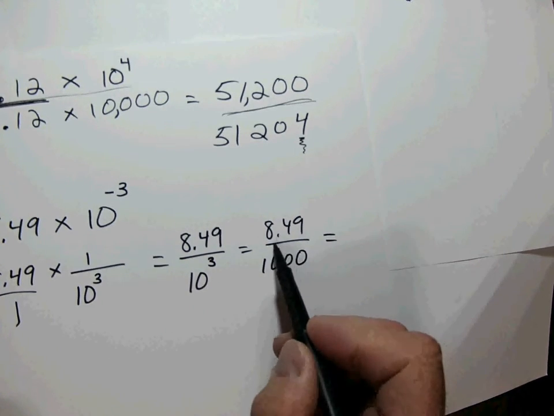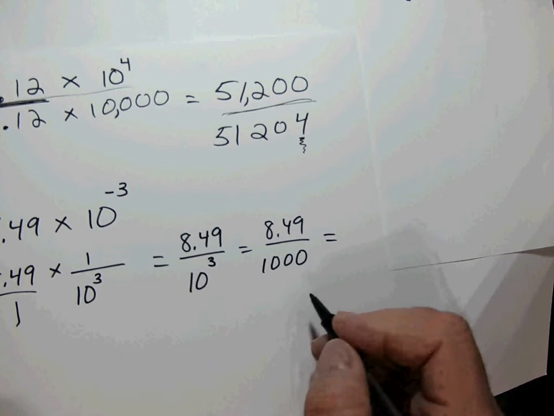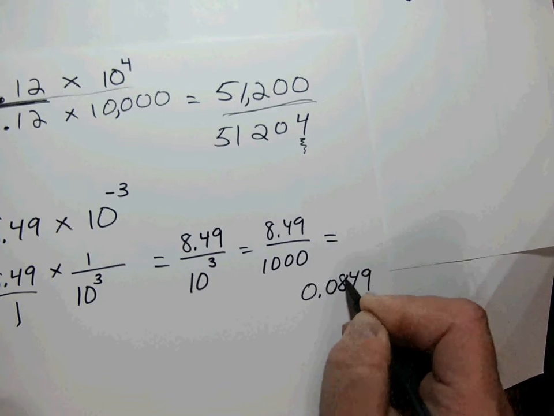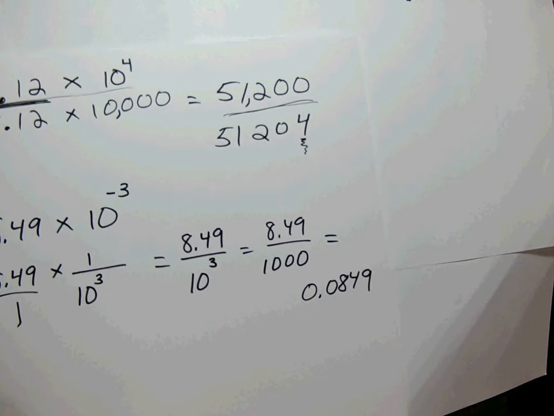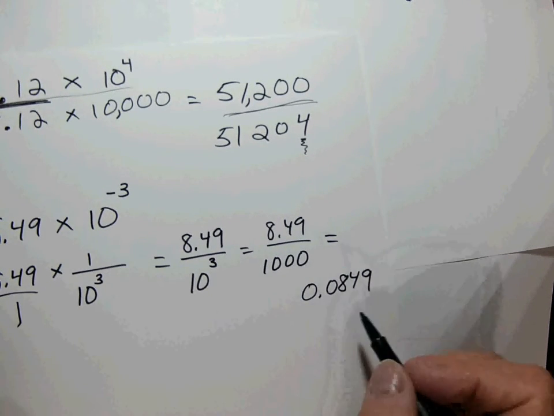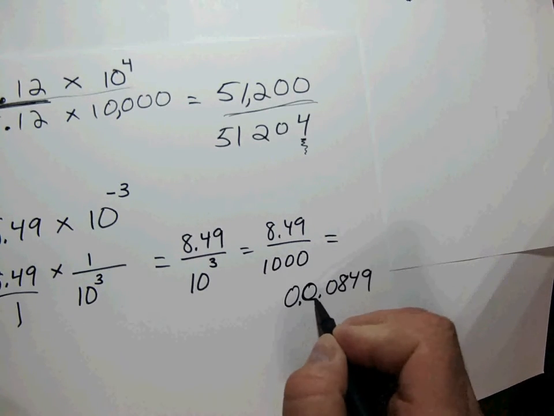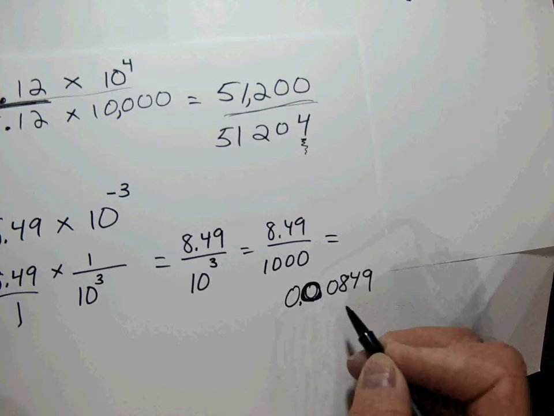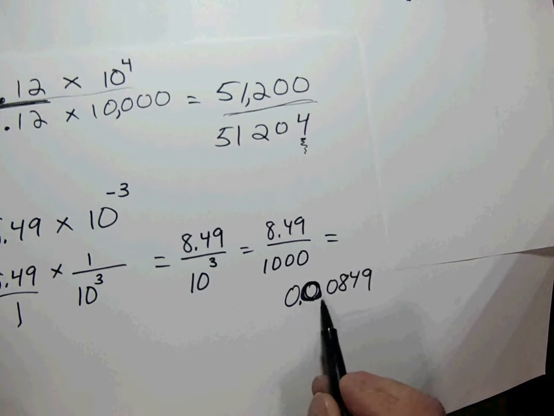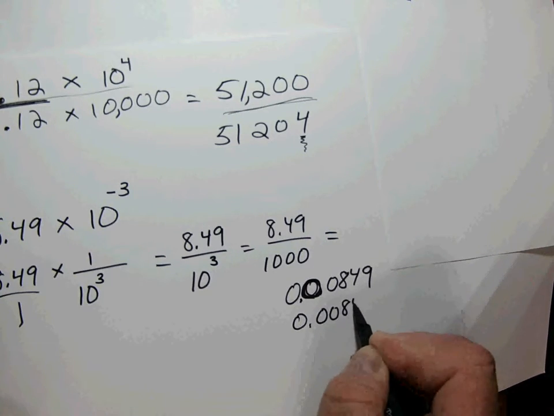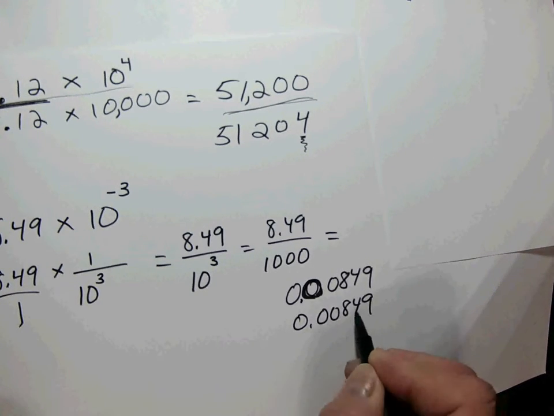So it means I've got to move that decimal 3 places to the left, so I'll get 0.0849. 3 places to the left. Oops, I didn't move it 3, I moved it 2. 0.00849. 3 places to the left, my bad. Okay, 1, 2, 3, got it.